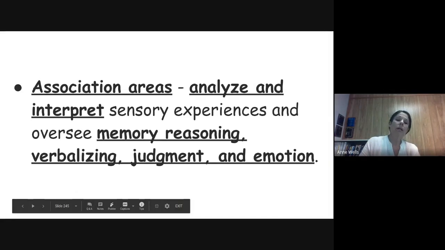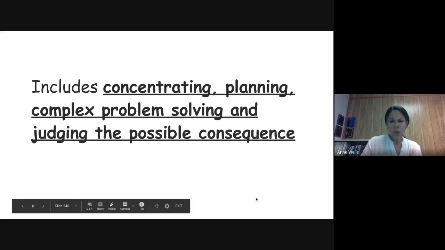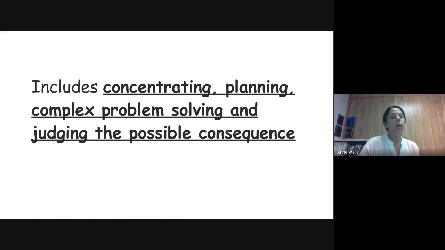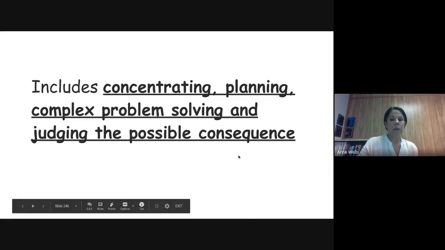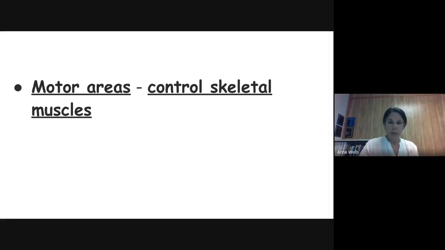Association areas analyze and interpret sensory experiences and oversee memory, reasoning, verbalizing, judgment, and emotion. It includes concentrating, planning, complex problem solving, and judging the possible consequences. Then you have motor areas. Remember, when you see that motor, it usually has something to do with muscles, so this controls skeletal muscles.